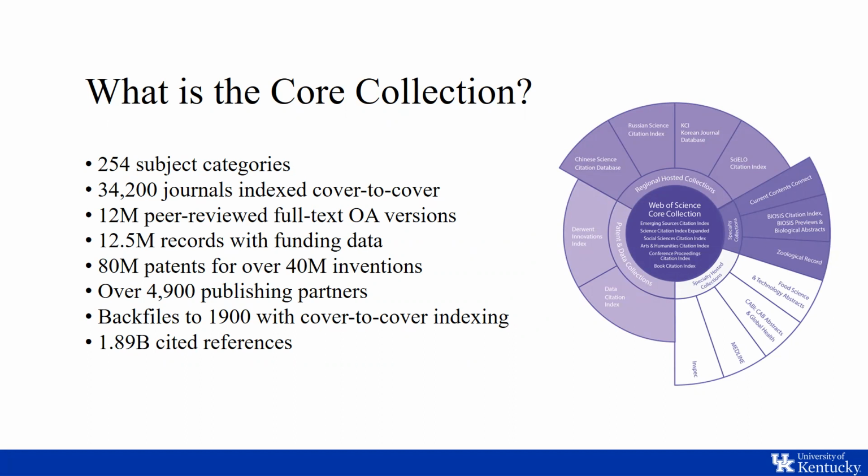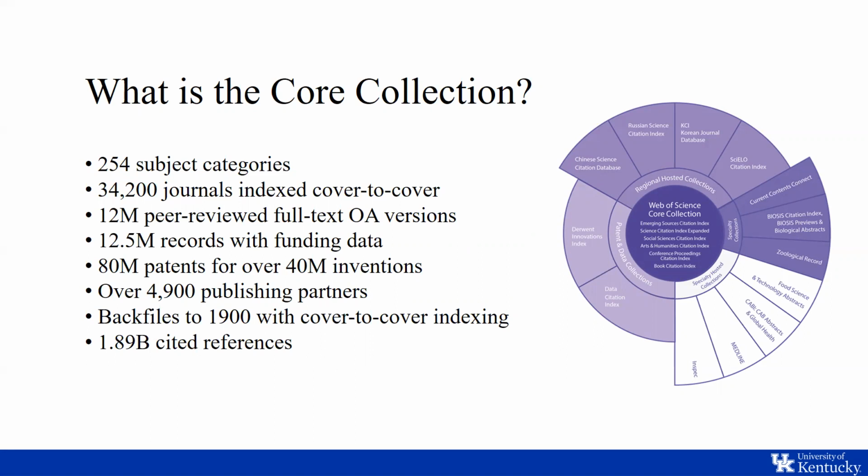The core collection includes over 250 subject categories, 34,000 fully indexed journals, and all these other exciting statistics listed here in this list. 12 million peer-reviewed full-text open access versions, funding data, inventions, publishing partners.